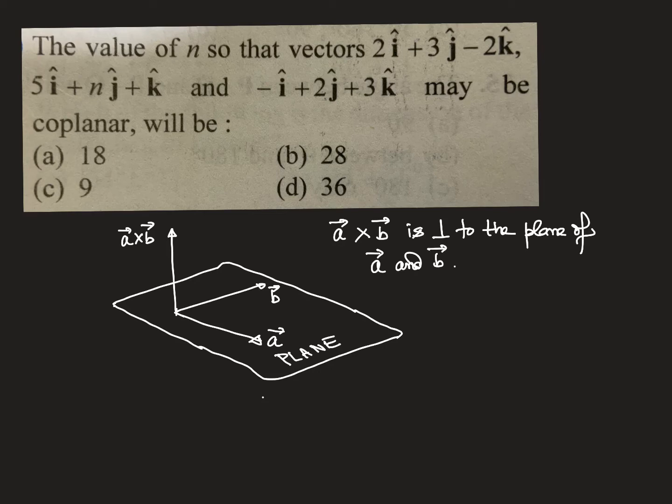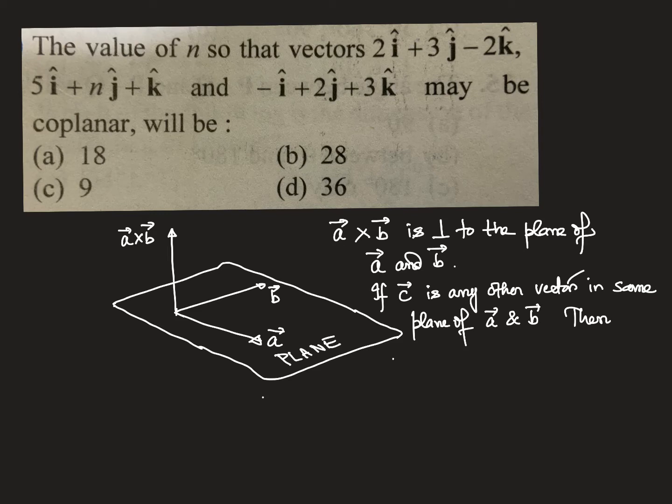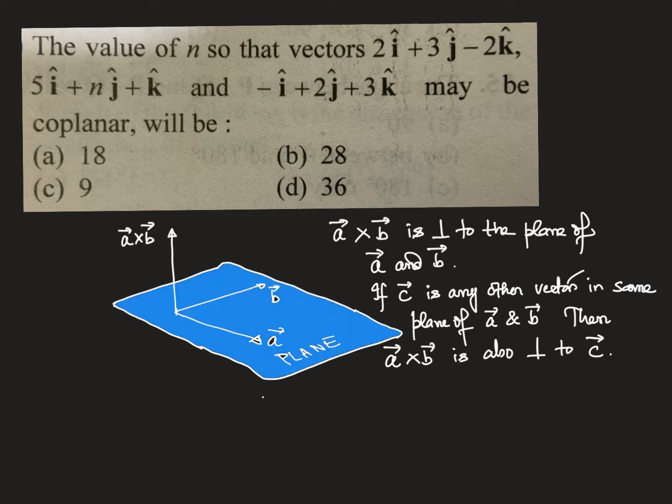Now if C is any other vector in the same plane of A and B, then A cross B is also perpendicular to C, because A cross B is perpendicular to the whole plane.